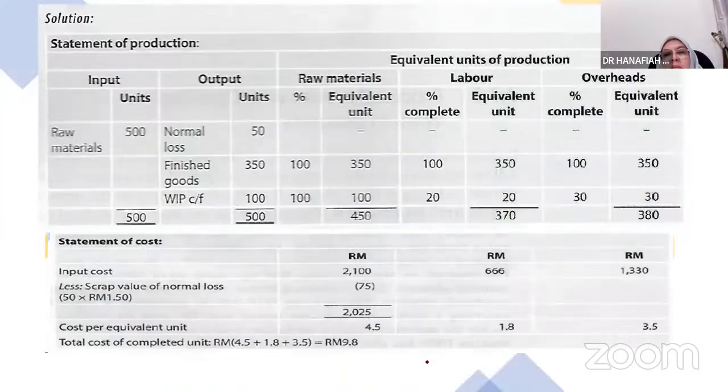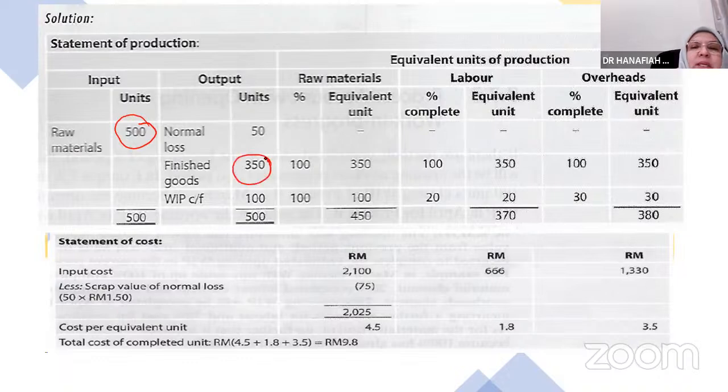Let us look how the statement looks. You have the raw material 500, and the finished good is only 350. It is the same like just now, 100%, 100%, and 100% for these three criteria: raw material, labor, and overhead.